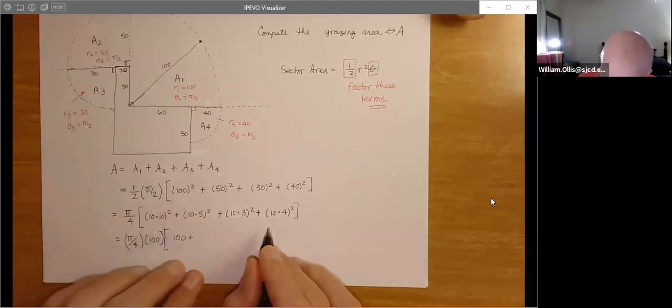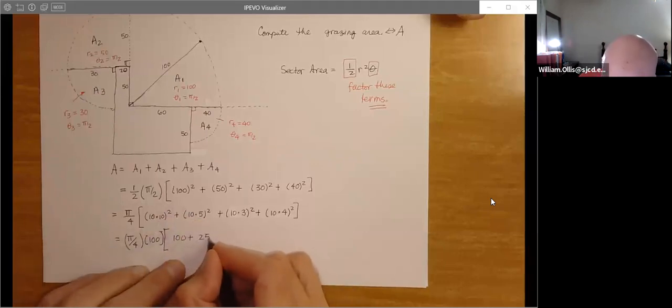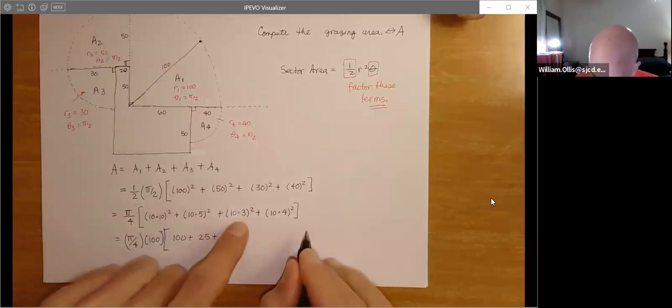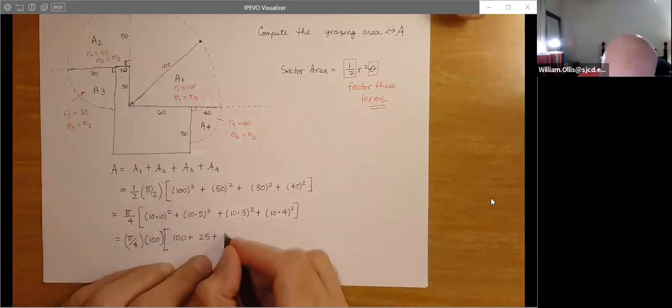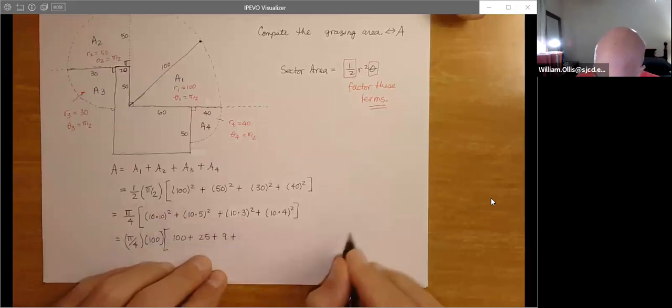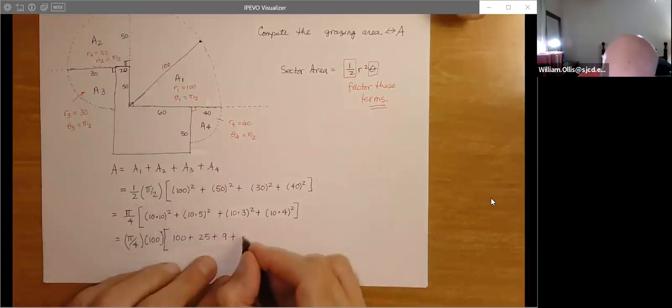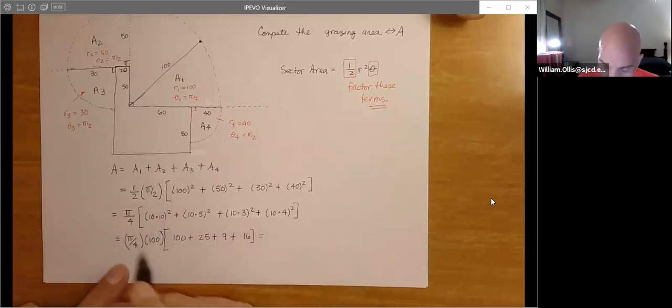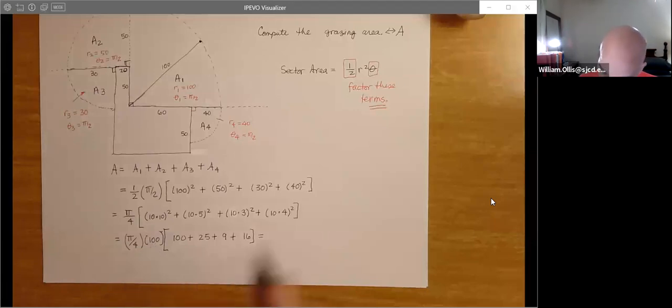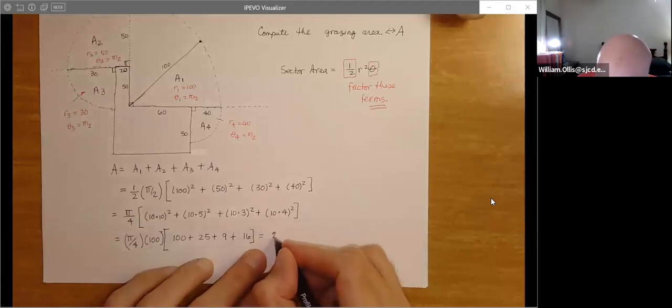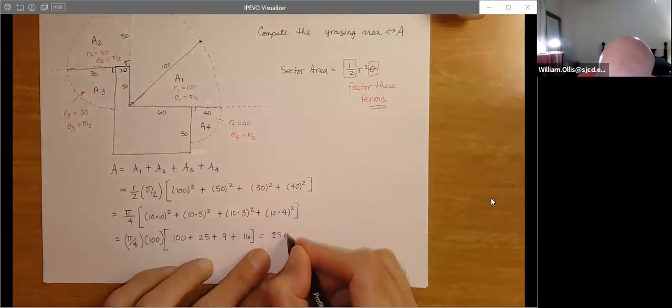That'll leave us with a 5 squared, which is a 25. That'll leave us with a 3 squared, which is a 9, and a 4 squared, which is a 16. So now, if we look at this and we think about what we have, the 4 absorbs into the 100 to give us a 25. So we have 25 pi.